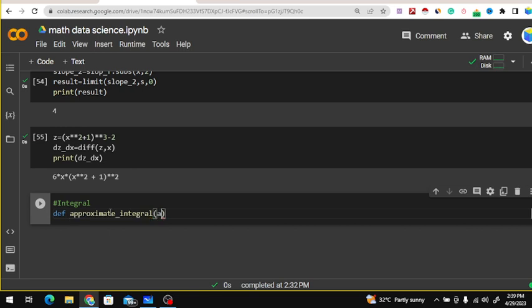A is one parameter, B is another, N is the third, and now let's create F as a function.